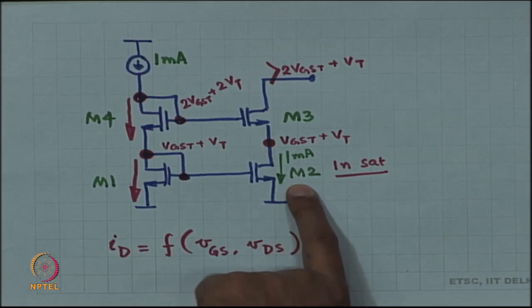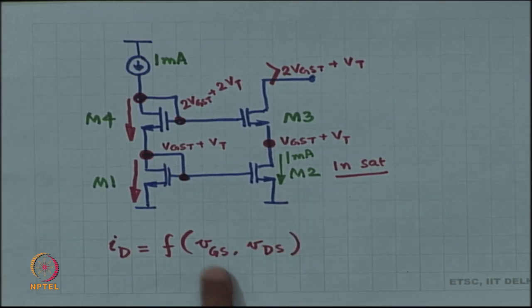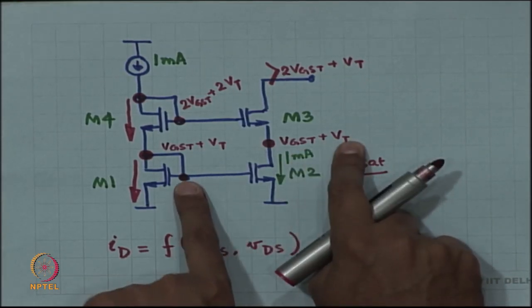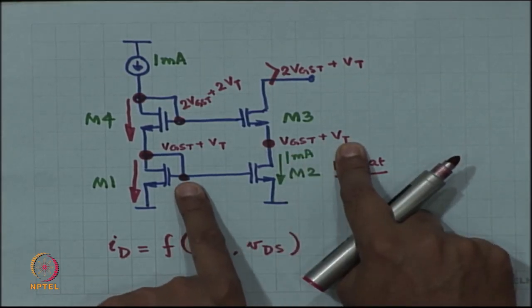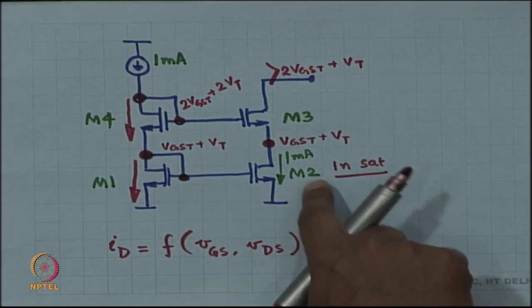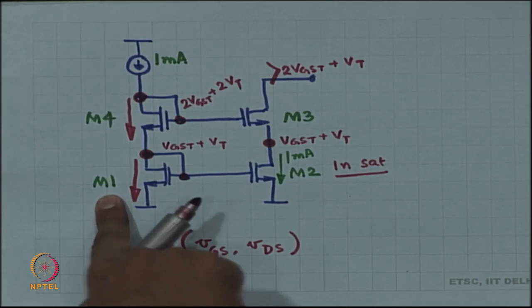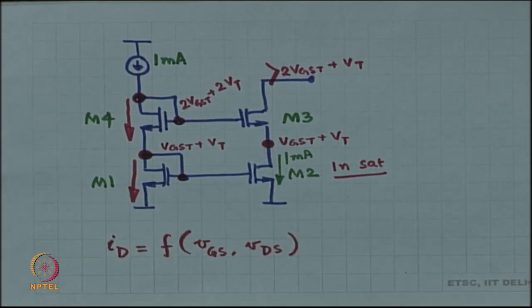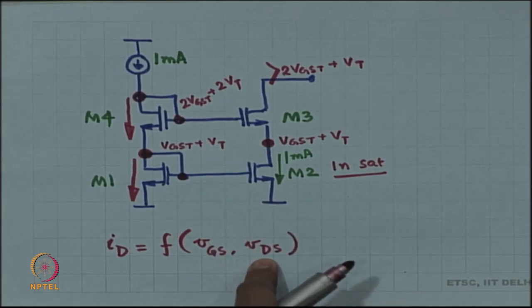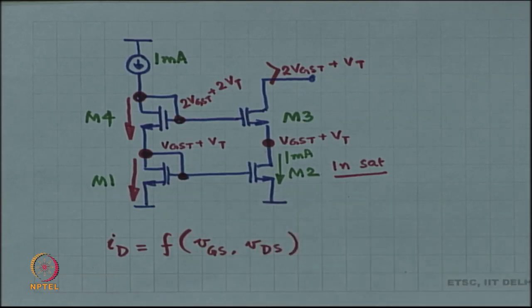M2 also has VGS and VDS both equal to VGST plus VT, which means that the current in M2 is exactly equal to the current in M1. They are identical because both VGS and VDS are equal in the two devices.